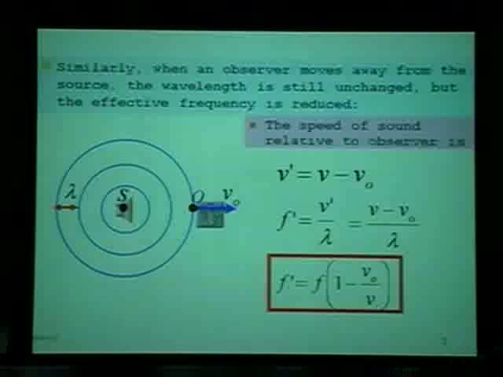Again, if I only move at 1 meter per second, which is actually a pretty good walking pace, I'm not going to observe any difference in frequency. That fraction is going to be too small. It's going to be 1 over 343. For all practical purposes, I'm still going to hear 400 hertz if it's putting out 400 hertz.